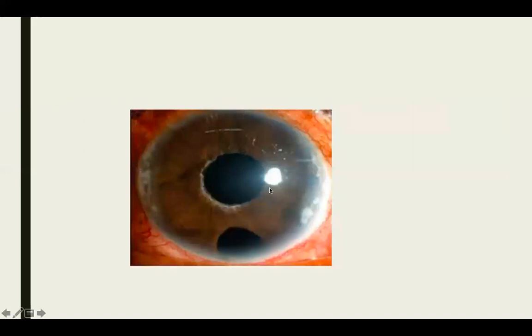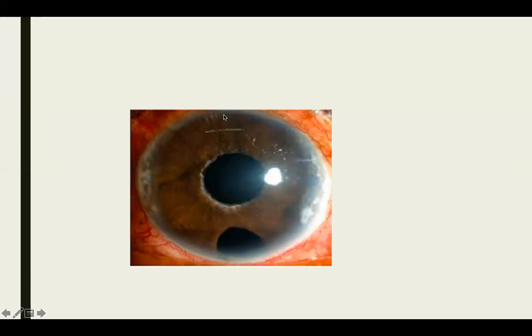So let's suppose you are putting silicone oil in an eye and the eye is aphakic, with no lens. The silicone oil will block the pupil. If the aqueous is formed in the posterior segment, it will not be able to come into the anterior chamber to be drained through the trabecular meshwork. Usually we do an iridectomy superiorly so that it is covered by the upper lid.